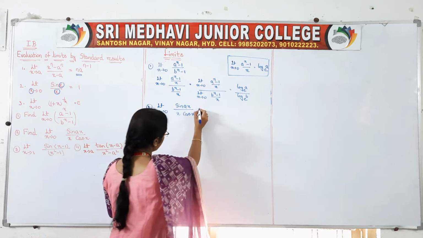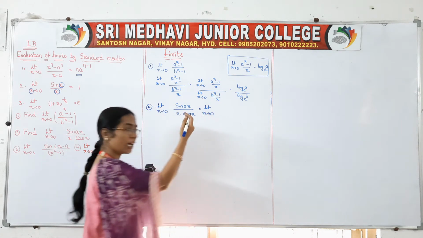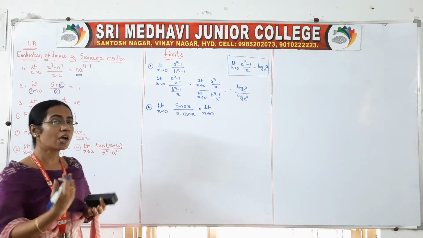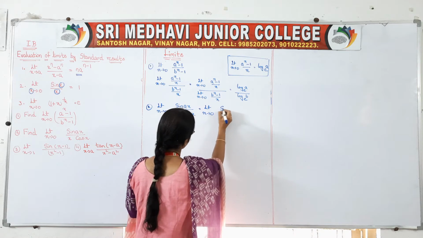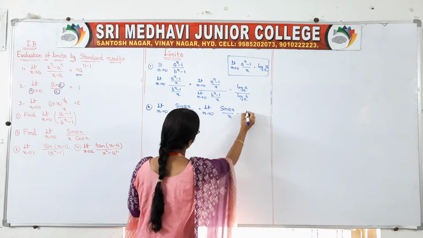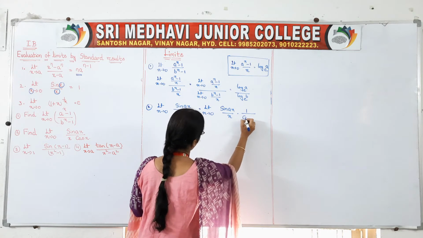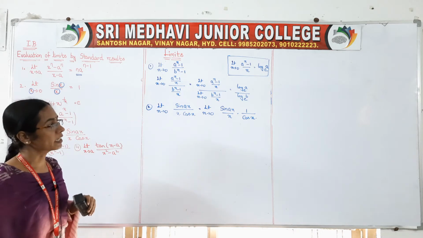I said we can rearrange the terms according to our formulas. So can we write this problem as sin ax by x into 1 by cos x? Definitely we can write it.